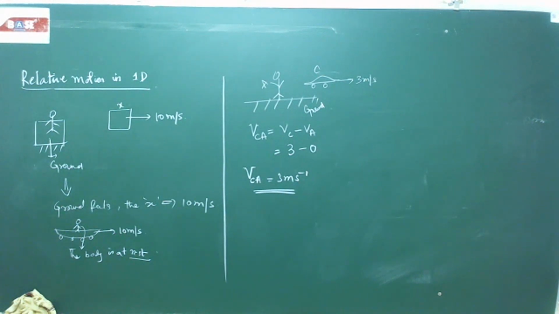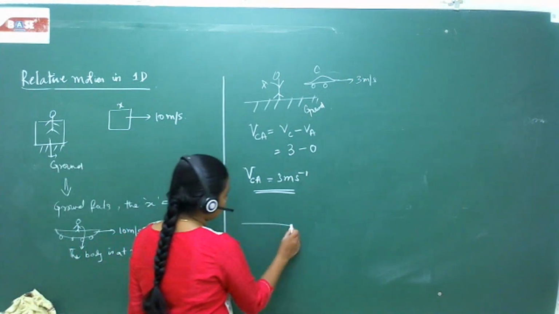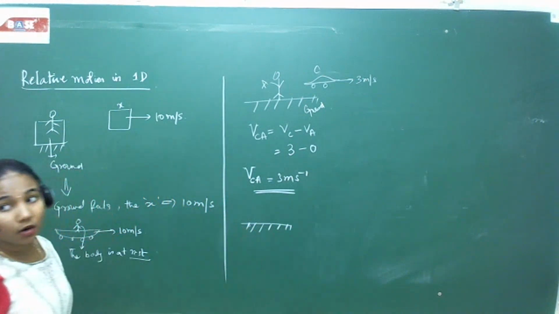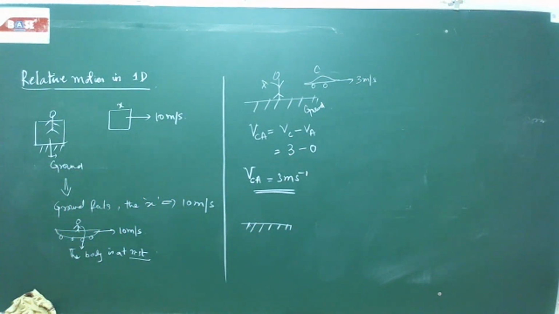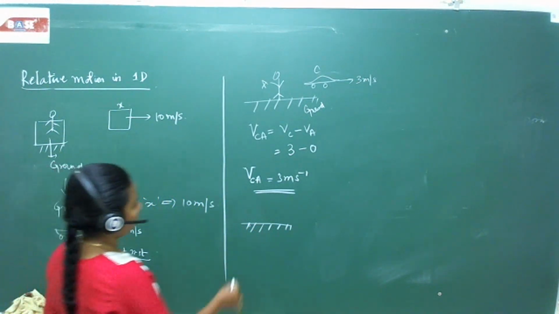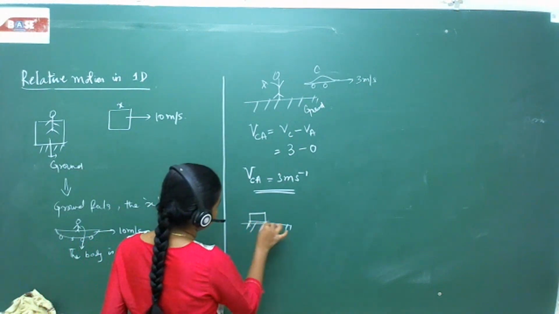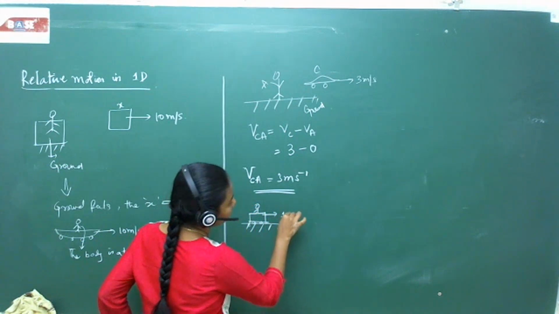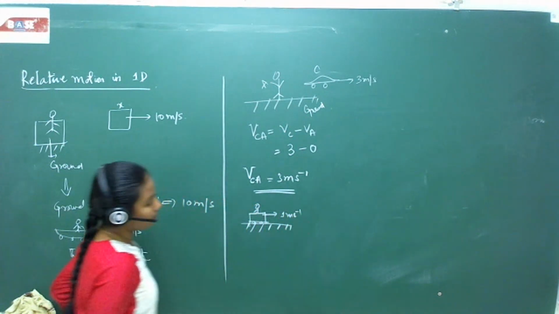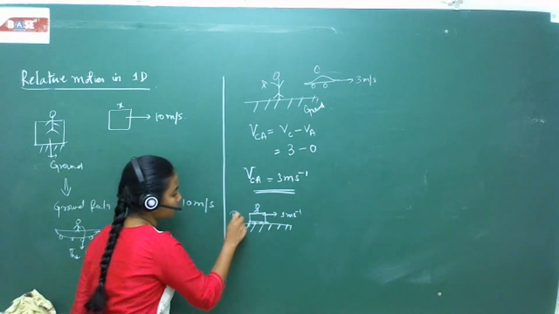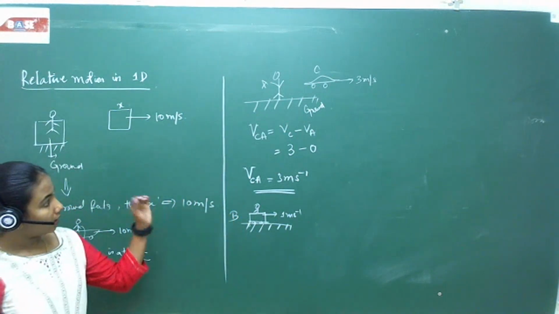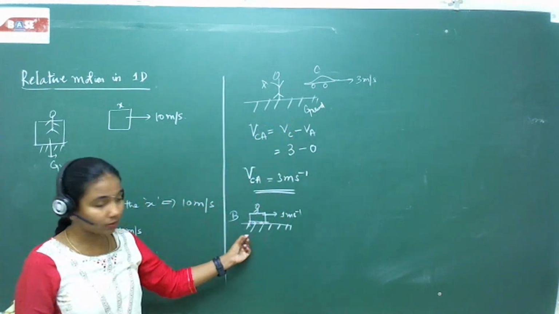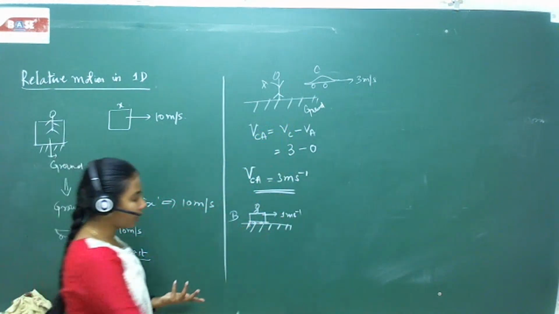Now, if I take another observer on a trolley, there is a trolley and a person is standing. This trolley is moving at 1 meter per second. So this is observer B. If I want to know the velocity of the car with respect to this observer B, how will you write?